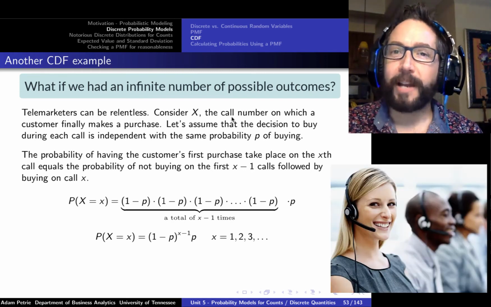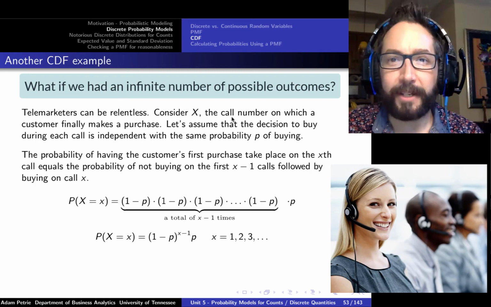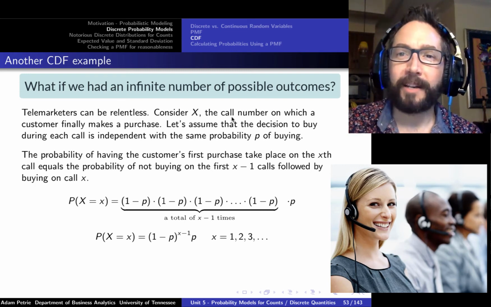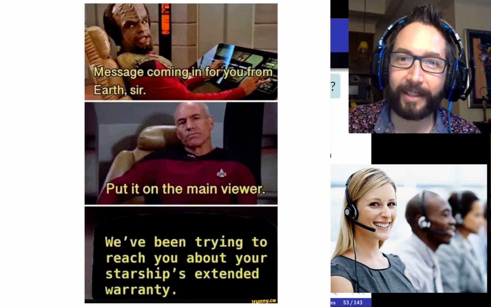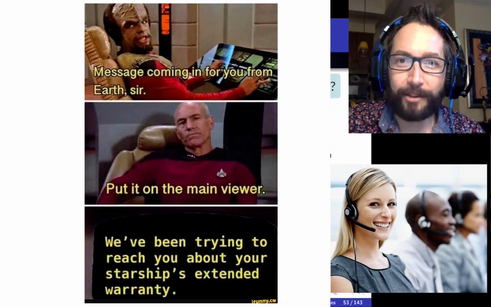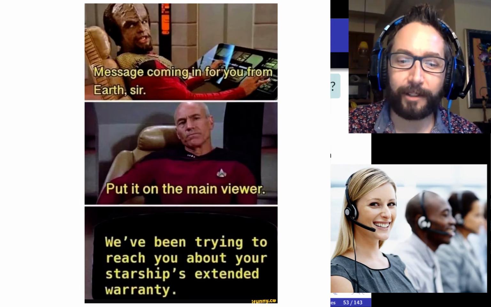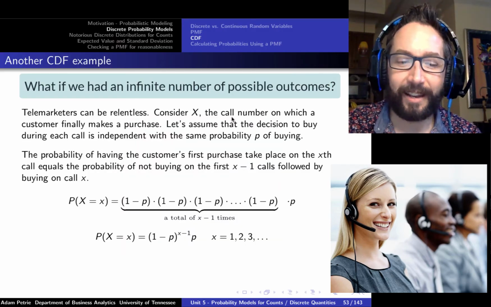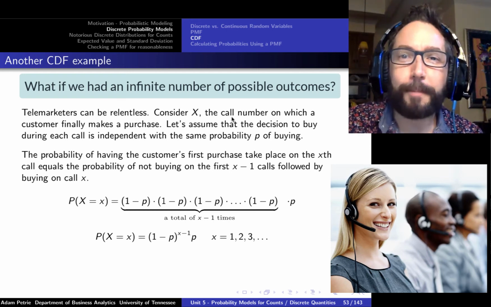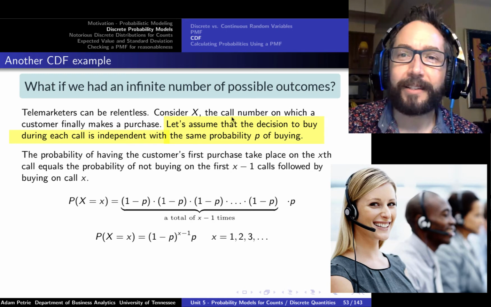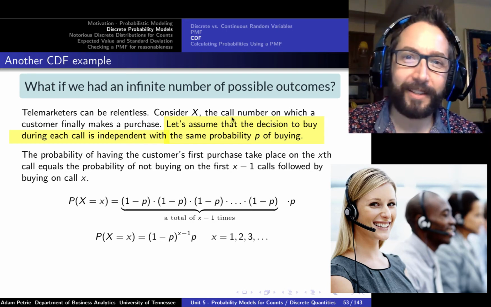Let's imagine that we're a telemarketer and we're calling up a particular customer trying to sell them on a particular product. And if you're like me, you probably get calls for extending your auto warranty or something like that all the time. So let's imagine that this one telemarketer is calling this one customer again and again and again, and let's imagine, rather unrealistically, that the probability of making a sale is independent from one trial to the next.